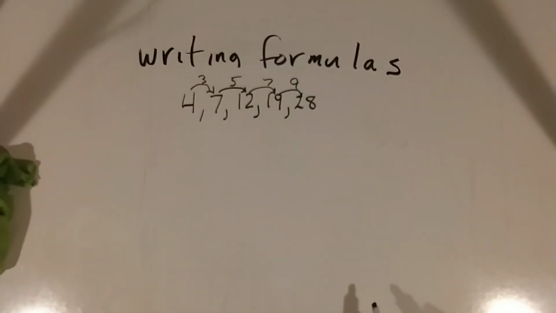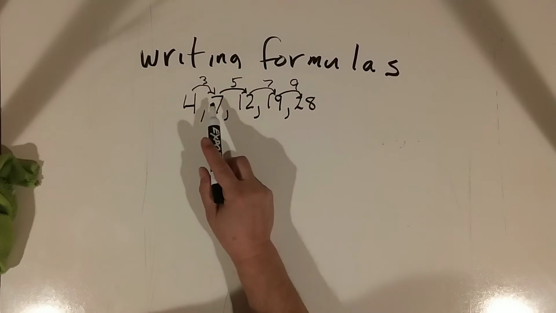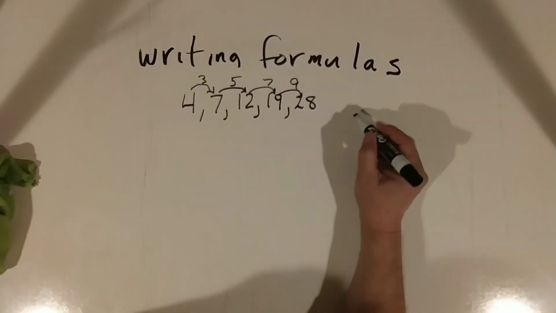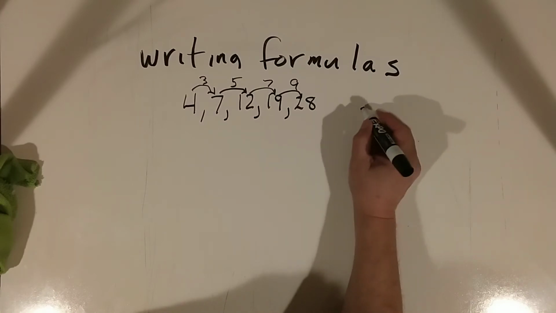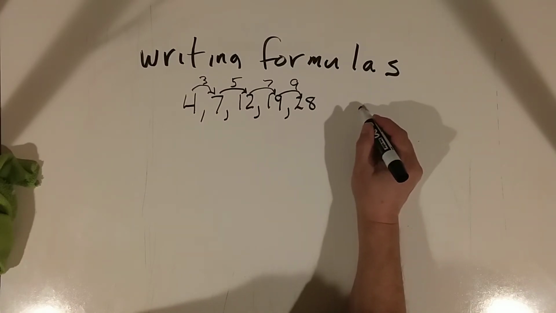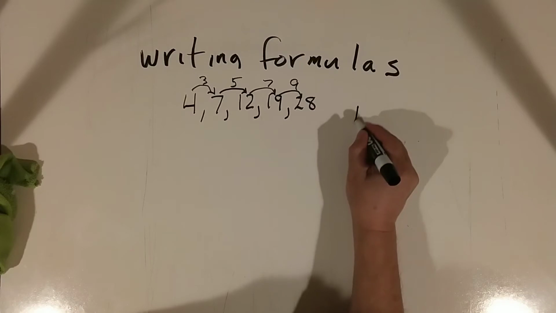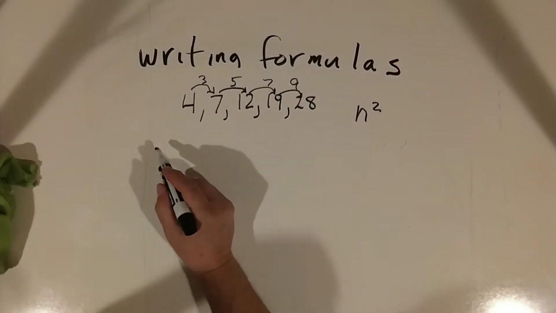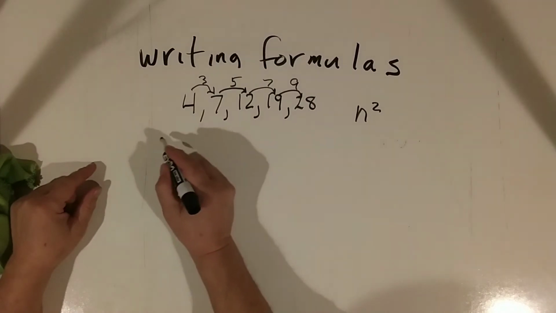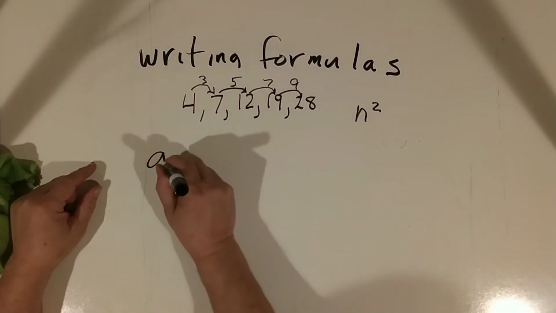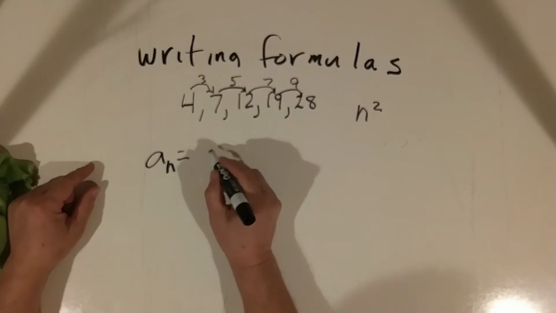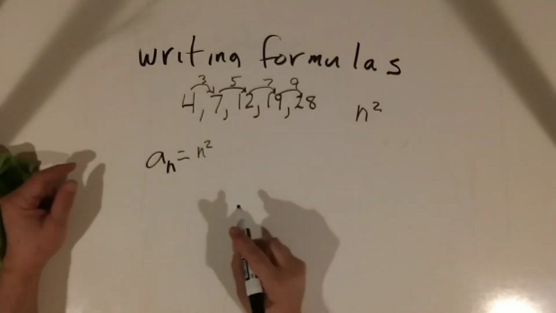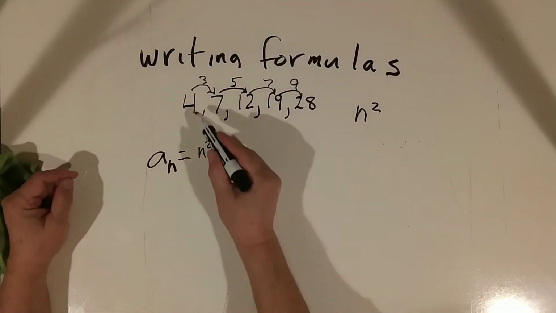When I see things going up by the odd number sequence, that is going to be like a perfect square. So that means I'm going to look at something that has n squared. So this would be a sub n equals, let's try n squared, and then see what I will need to make my first term.